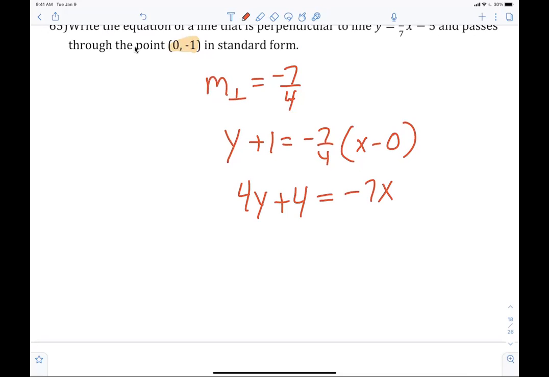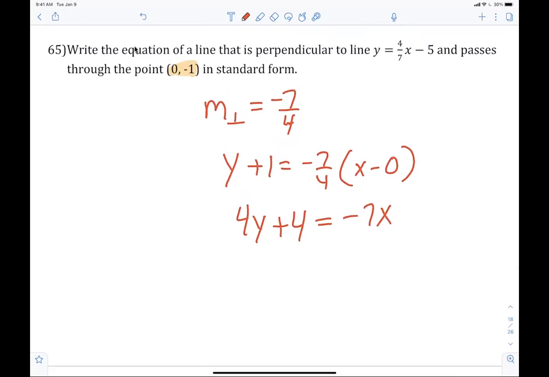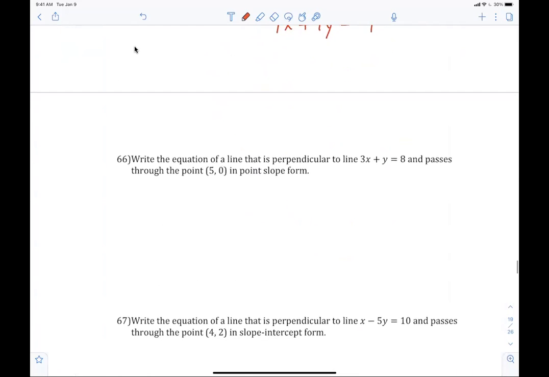Standard form, because that's what the directions say. 7x plus 4y is equal to -4. Right, guys, if you can do that, you're really in good shape. Writing equations of lines, for whatever reason I don't understand, is difficult. You just have to know the rules. All right, that's really good.